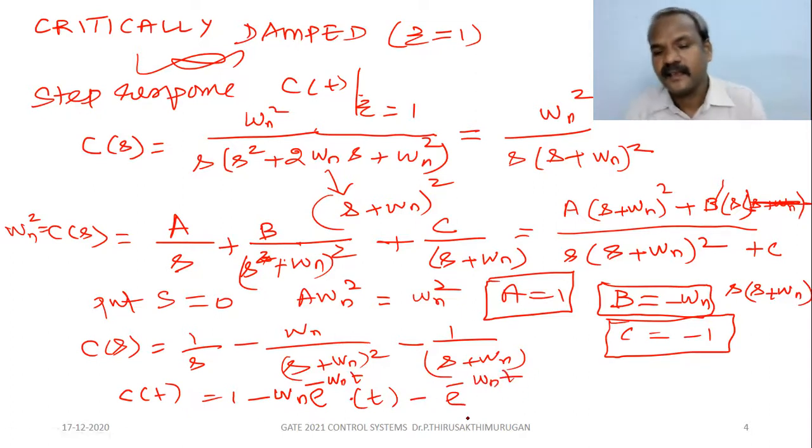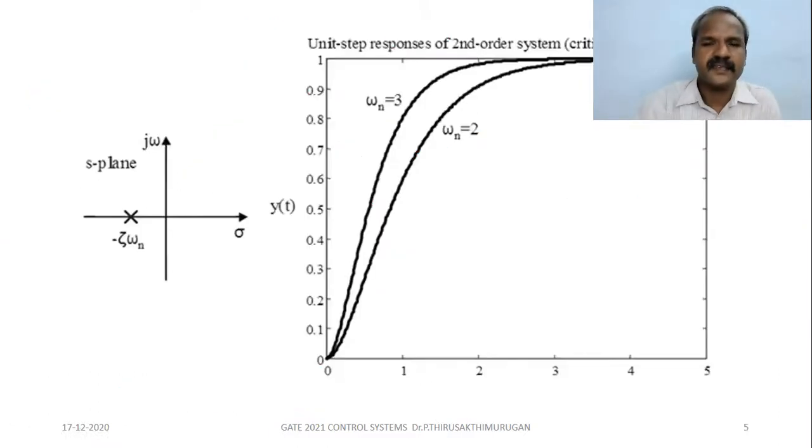So this is the step response of critically damped system. If you vary omega n, this is the pole-zero diagram in the s plane.